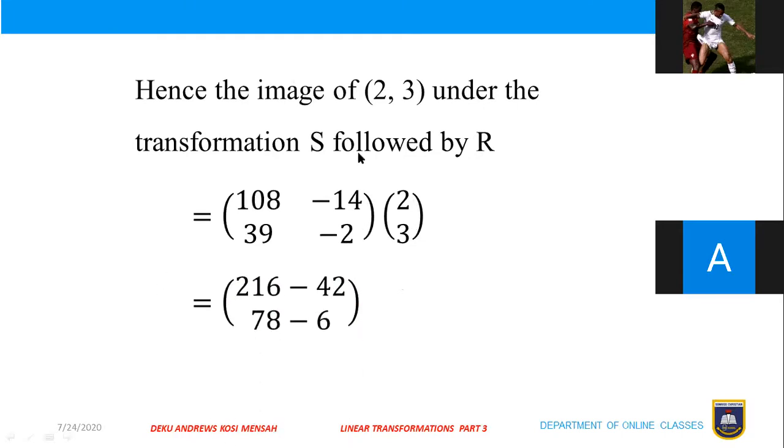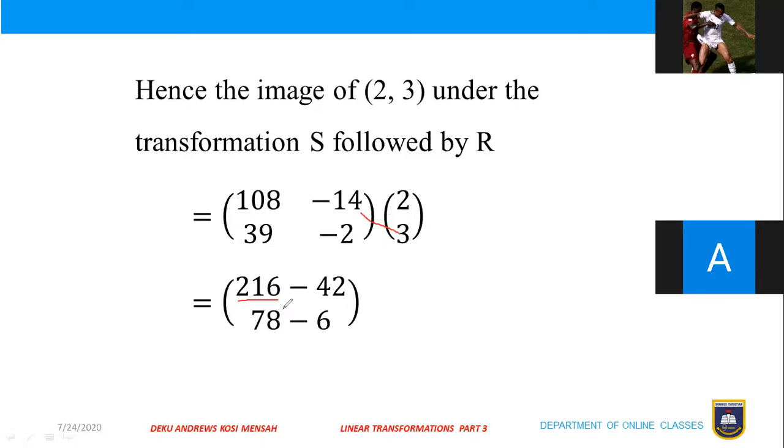So 108 times 2 is 216, plus negative 14 times 3 gives negative 42.